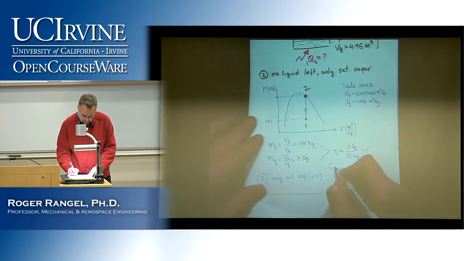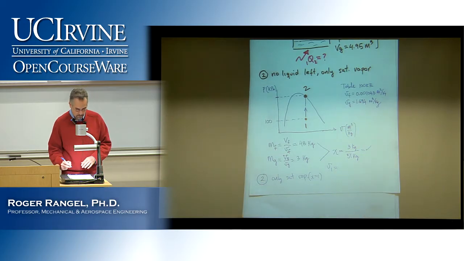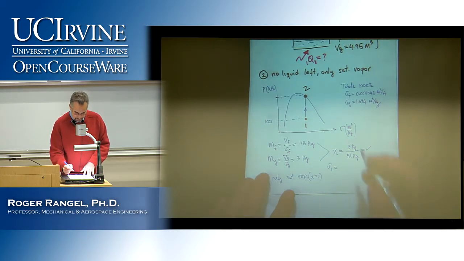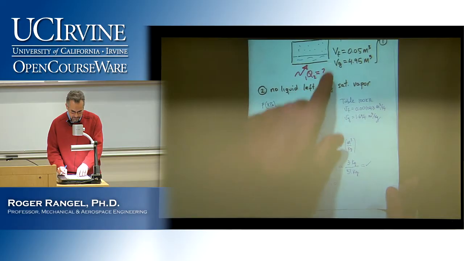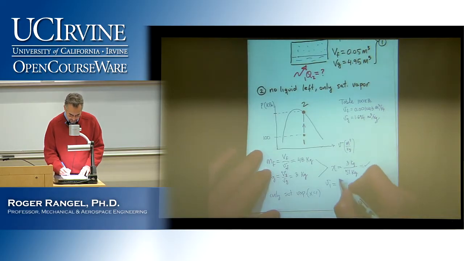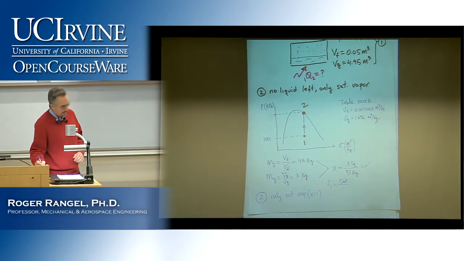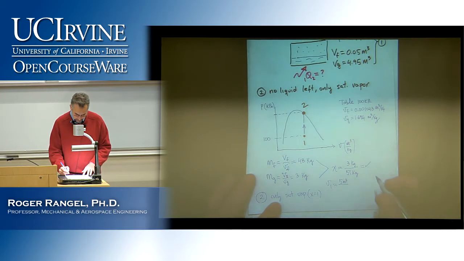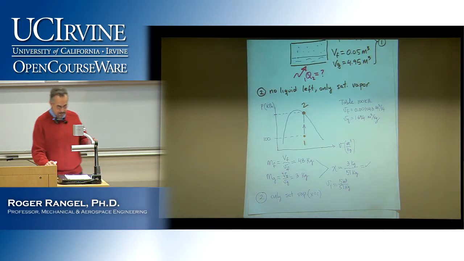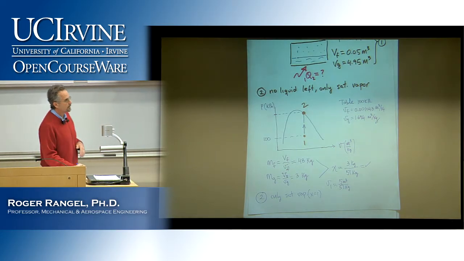The specific volume at 1 is the total volume, which is the 5 cubic meters divided by the total mass, which is 51 kilograms.